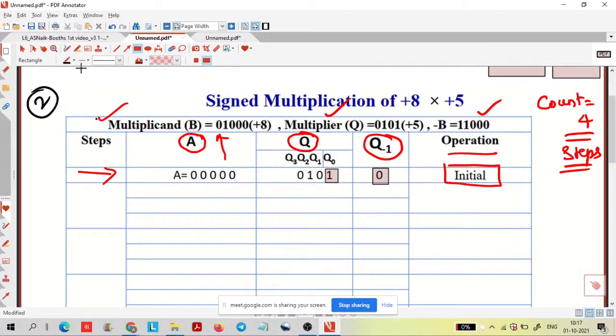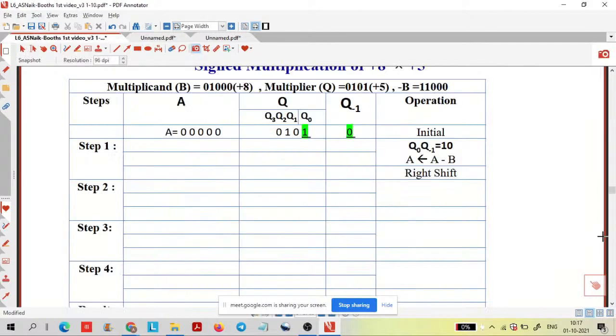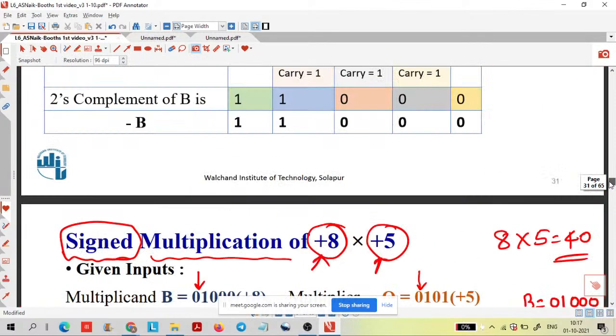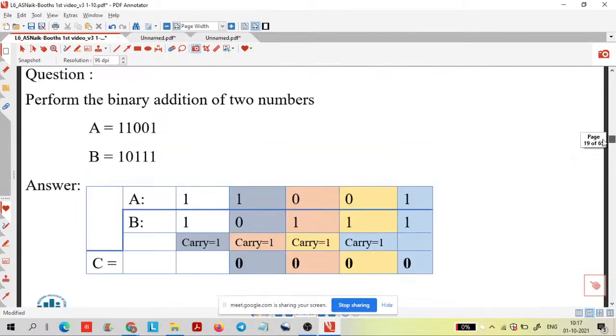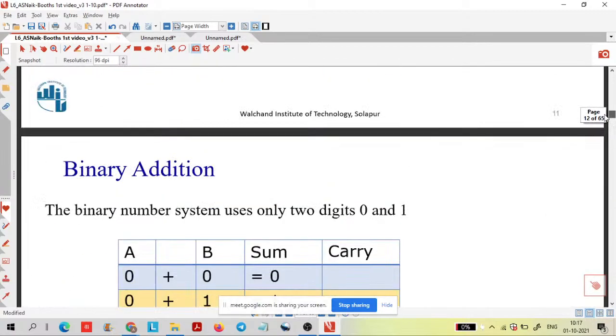So as per Booth's algorithm, what do you have to do for the case 1 0? Subtraction and then right shift. Yes, as per the algorithm.